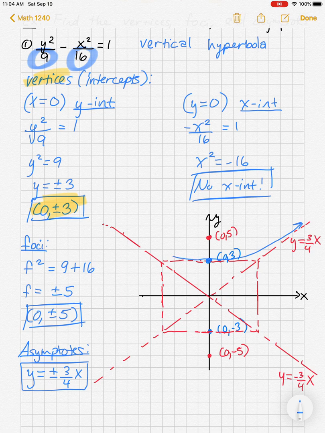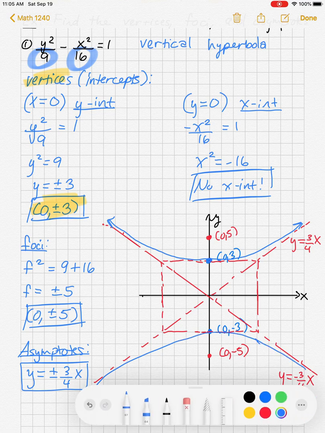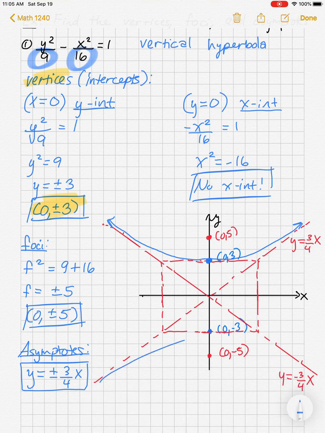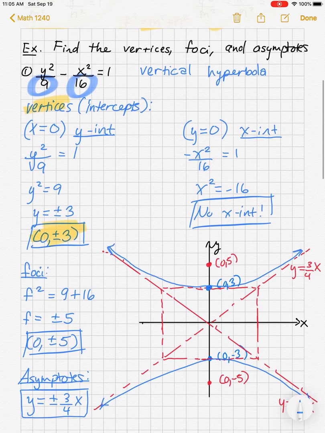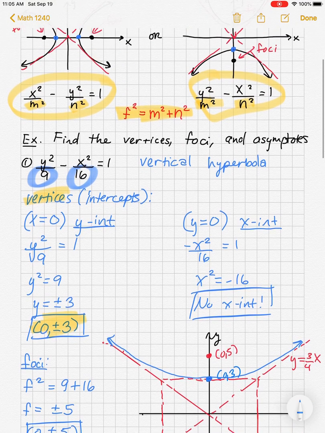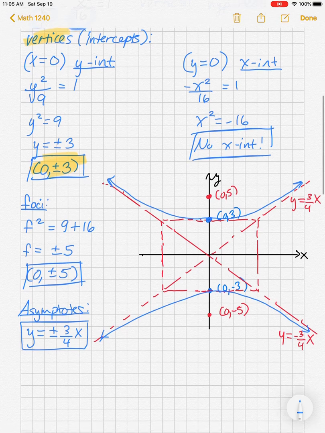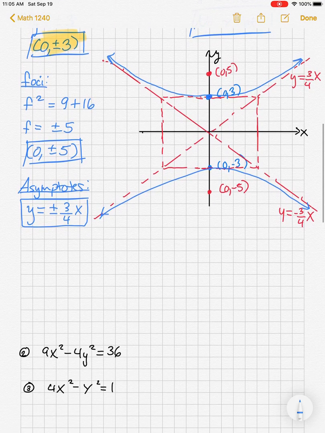So this hyperbola is pretty wide. Something like that. It's supposed to look symmetric, of course, but that looks pretty good. Okay, what is next?